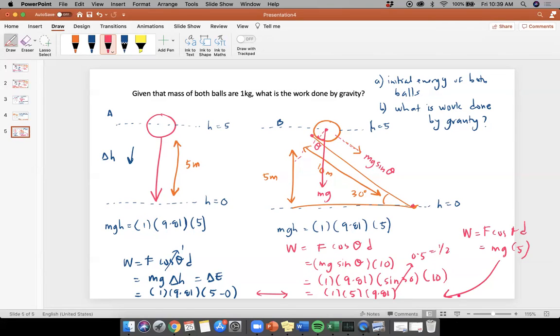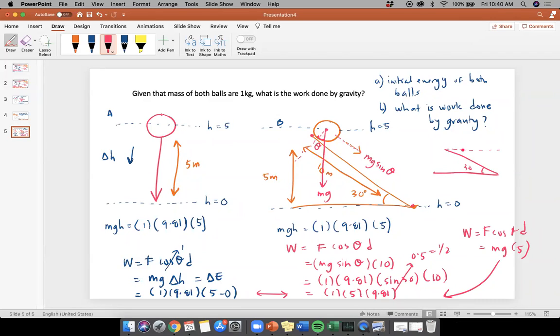So remember, for work done, you always try to solve it in parallel. You can solve it in parallel to the original displacement, or in parallel to the original force. If not, you have to resolve your force in the direction of displacement or resolve your displacement in the direction of force. Here, what I did was resolve my displacement in the y direction. But I already gave you the 5 meters, so that's why I did not resolve it. If I had to resolve displacement in the direction of gravity, how would I do that?